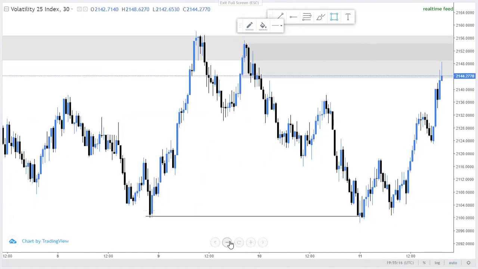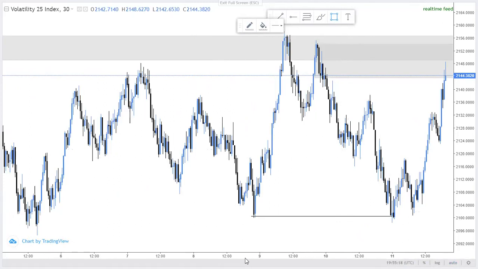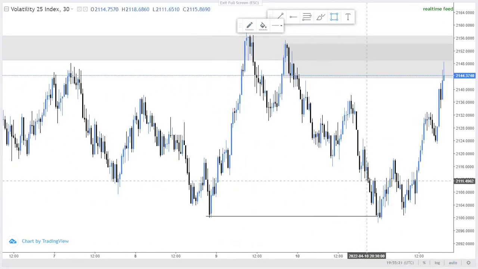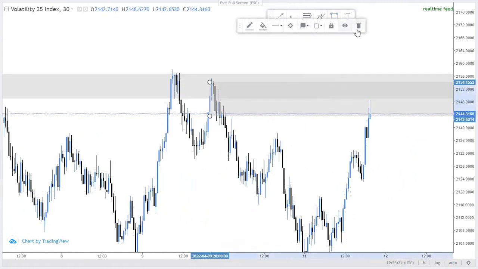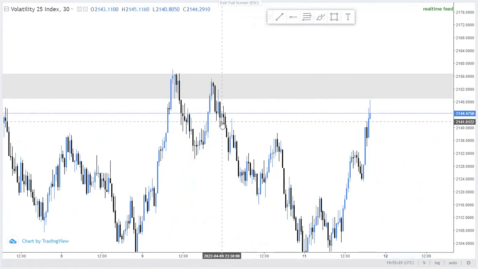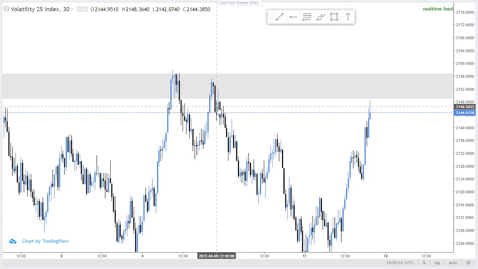Inside here, I want you to know that we have, sorry, let me just remove this and redraw it. So we have this candlestick as our order block. We also have this one, might be our order block.